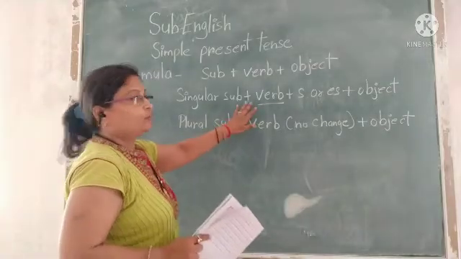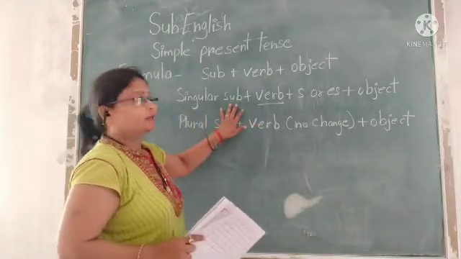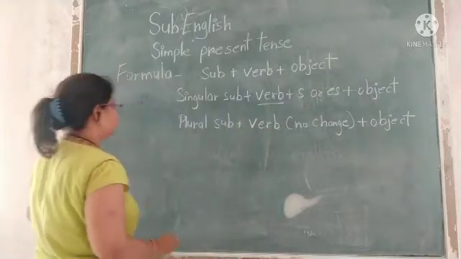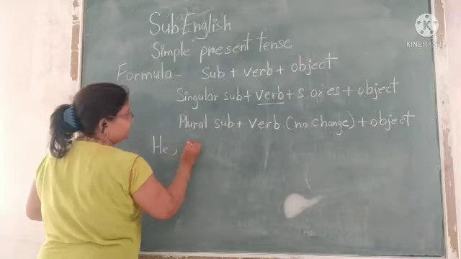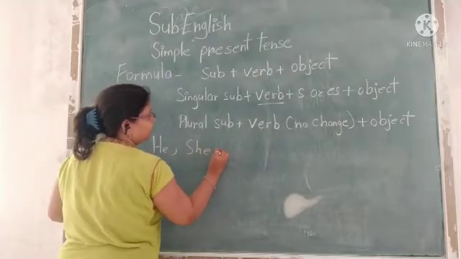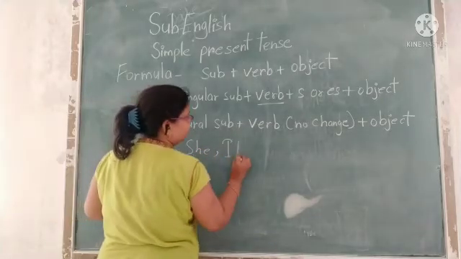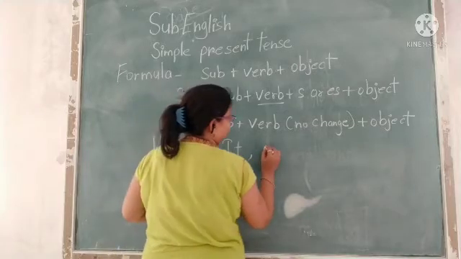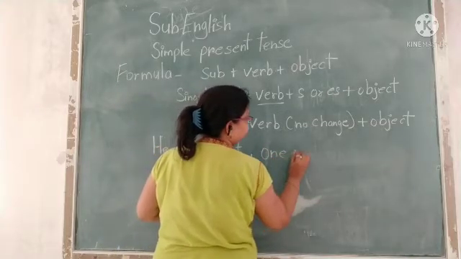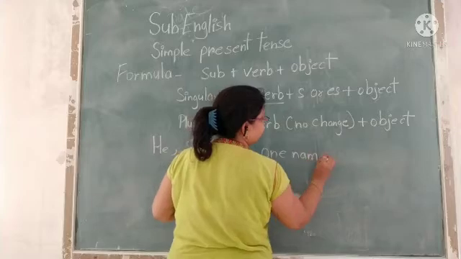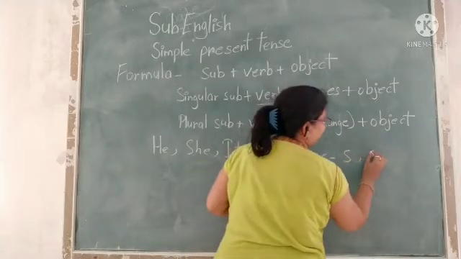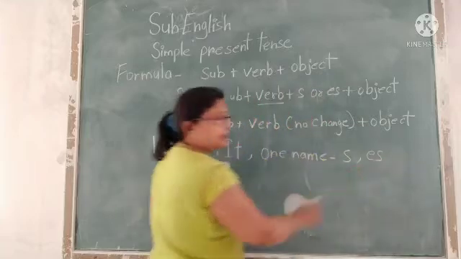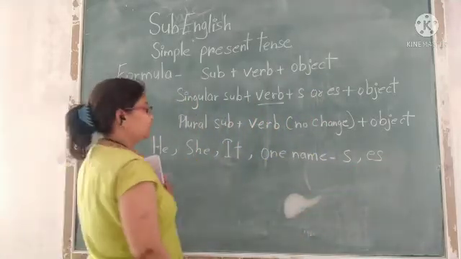So students, first of all look at our example of singular subject. If our subject is singular like he, she, it or one name, then we add s or es in our verb.